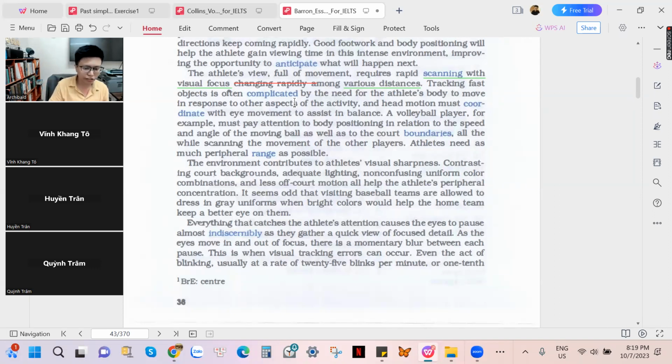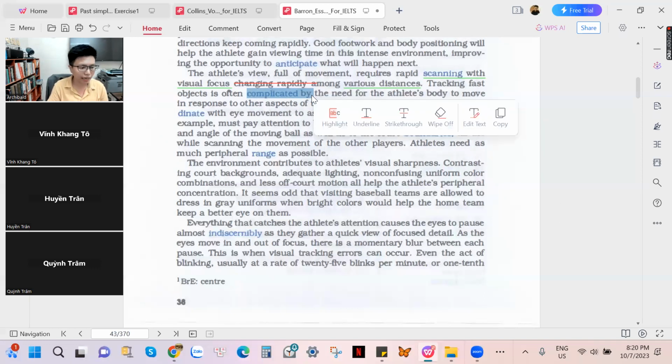All right. So here they say that the tracking process is complicated by the need for the athlete's body. So the athlete's body makes everything complicated. That is the way for you to use the passive voice of complicated by.